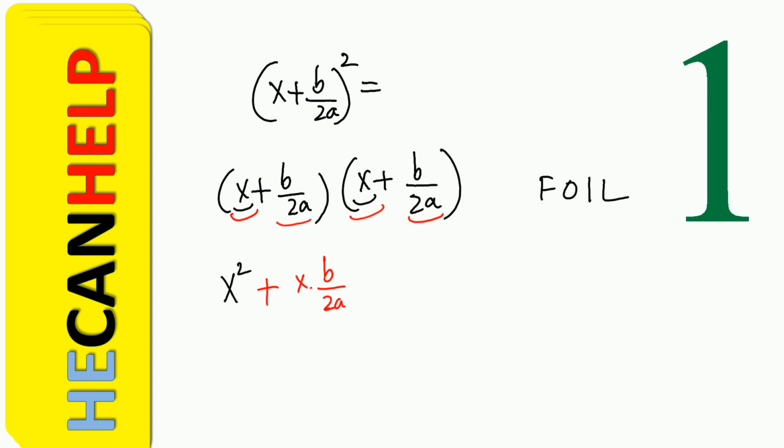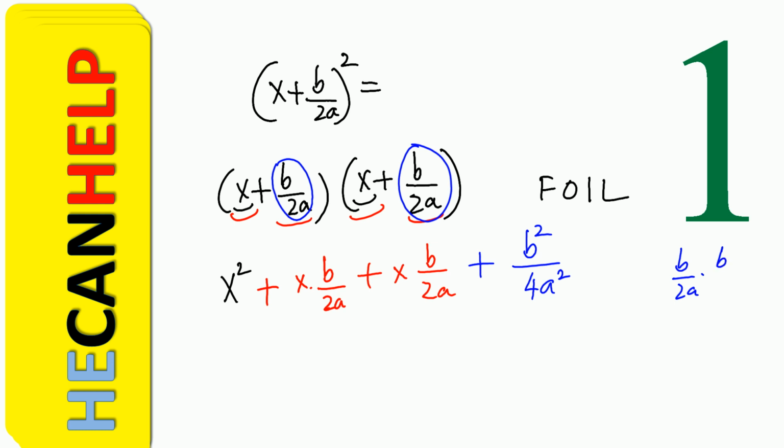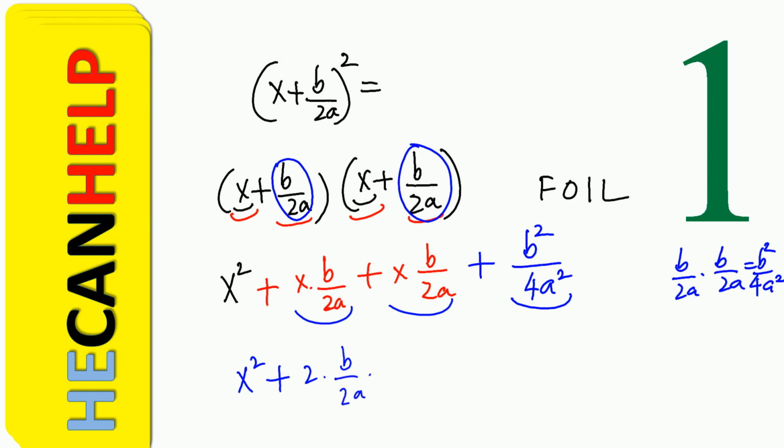Inner times inner is x times b over 2a. And last times last is b over 2a times b over 2a, and that is b squared over 4a squared. What do we get? x squared plus x times b over 2a plus x times b over 2a. We get 2 times b over 2a times x, and then we have b squared over 4a squared.